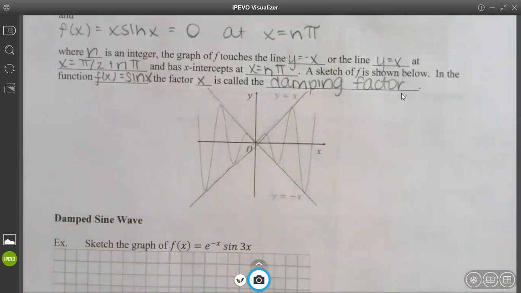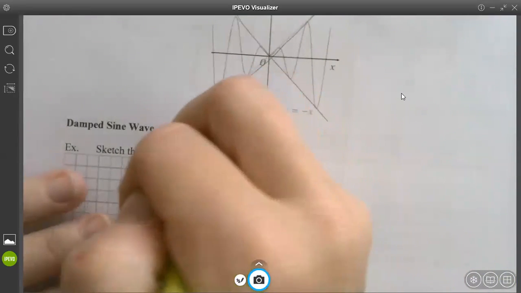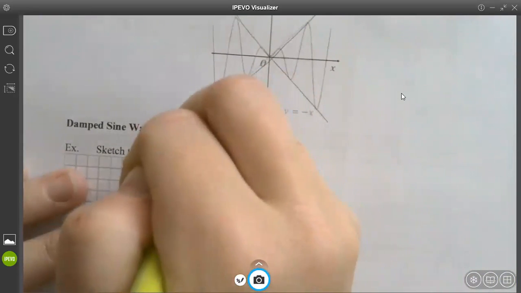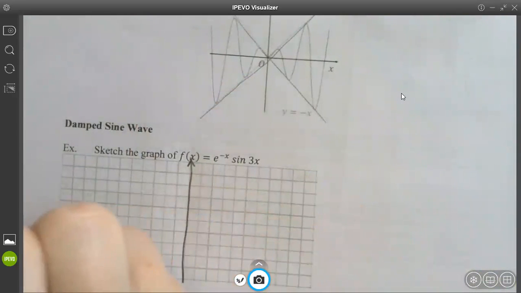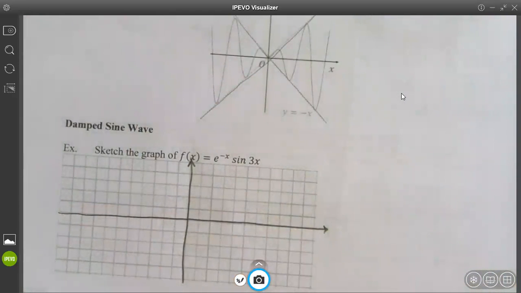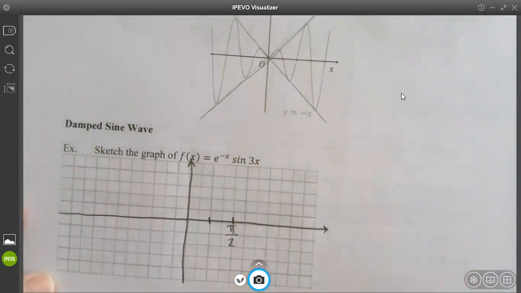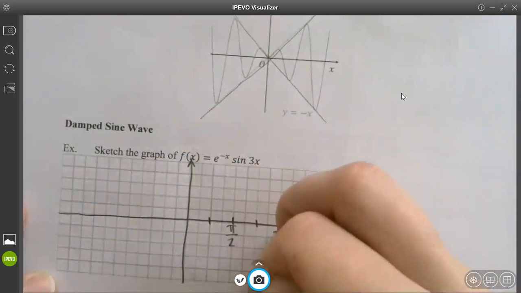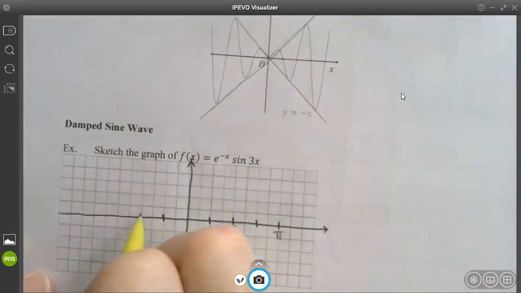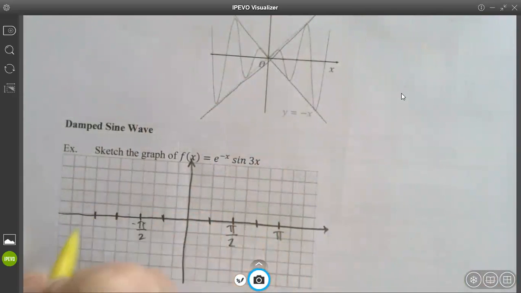So it says sketch the graph of f of x equals e to the negative x sine 3x. So draw your arrow for your y-axis at the x in f of x. And then halfway here, we're going to have pi over 2, and then pi, negative pi over 2, and negative pi.